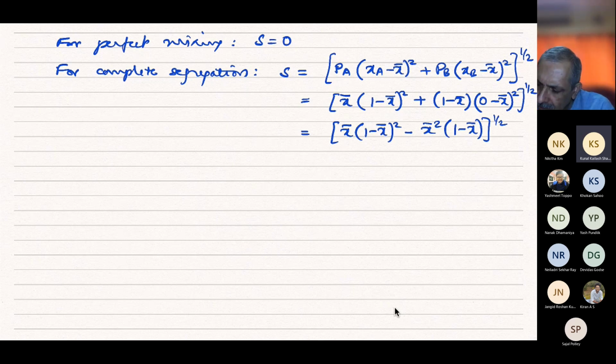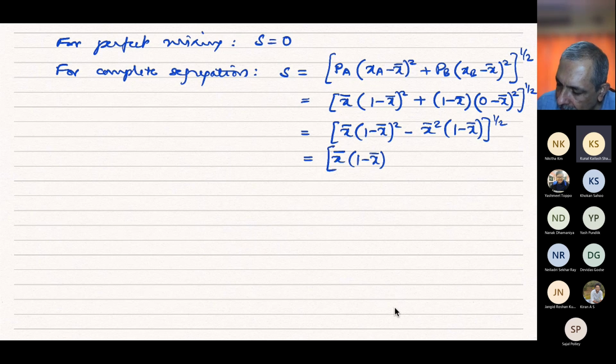So now if we take this common, then what you will get is x bar into 1 minus x bar, and then you multiply that by 1 minus x bar, I'm sorry, this is plus here, plus x bar, raised to the power of half.